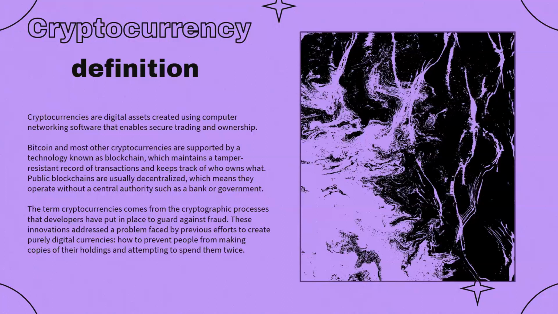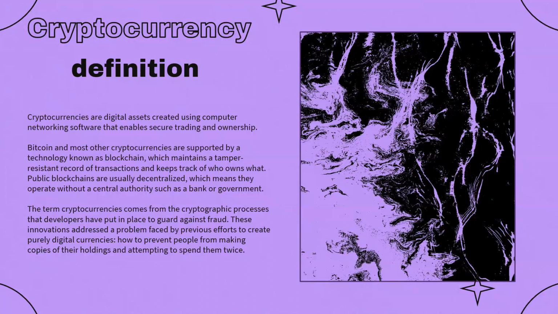So Bitcoin and most other cryptocurrencies are supported by a technology known as blockchain, which maintains a tamper-resistant record of transactions and keeps track of who owns what. Public blockchains are usually decentralized, which means they are operated without a central authority such as a bank or government.